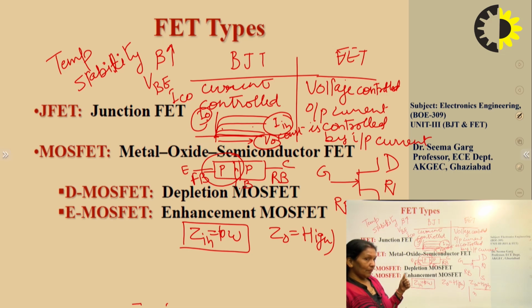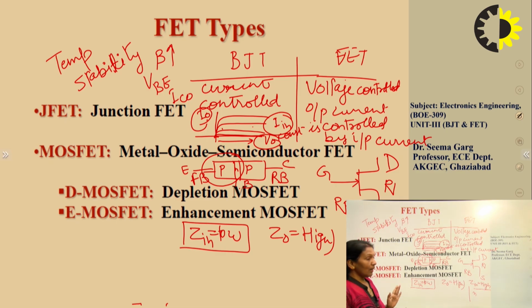The next difference between the BJT and FET is that the size of the BJT is more in comparison to the size of the field effect transistor. That is why more field effect transistors can be fitted on a single size IC as compared to the BJT.